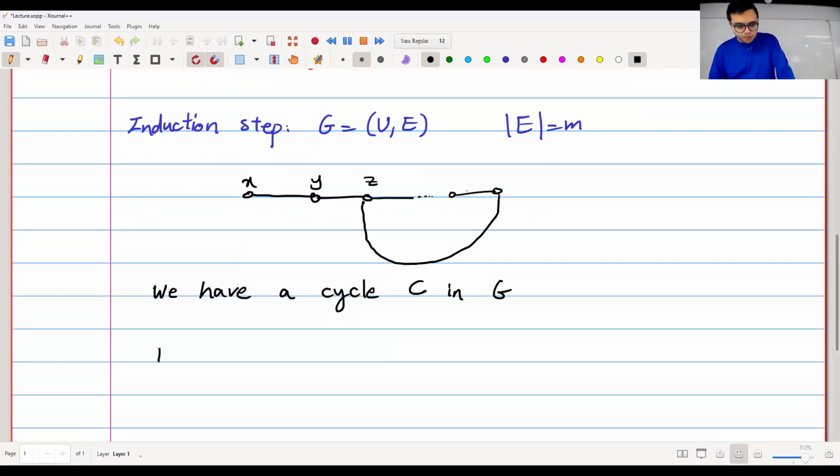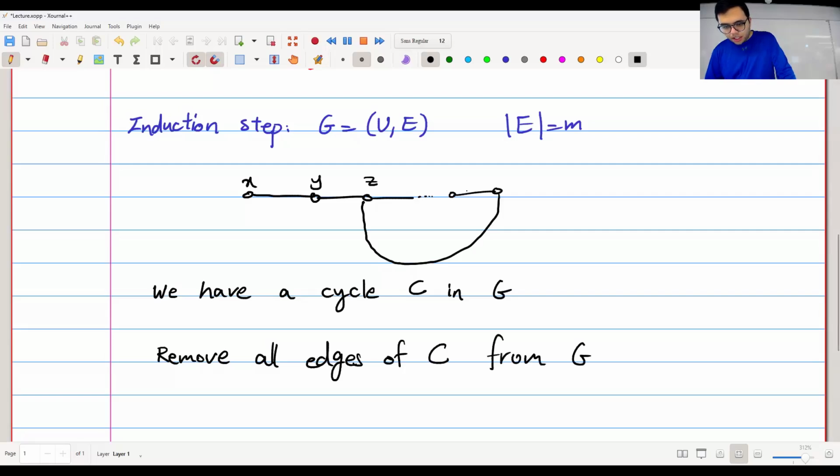So I say remove all edges of C from G. And let's say that I call the resulting graph G prime. So G prime is the result of removing all of the edges of C from G.